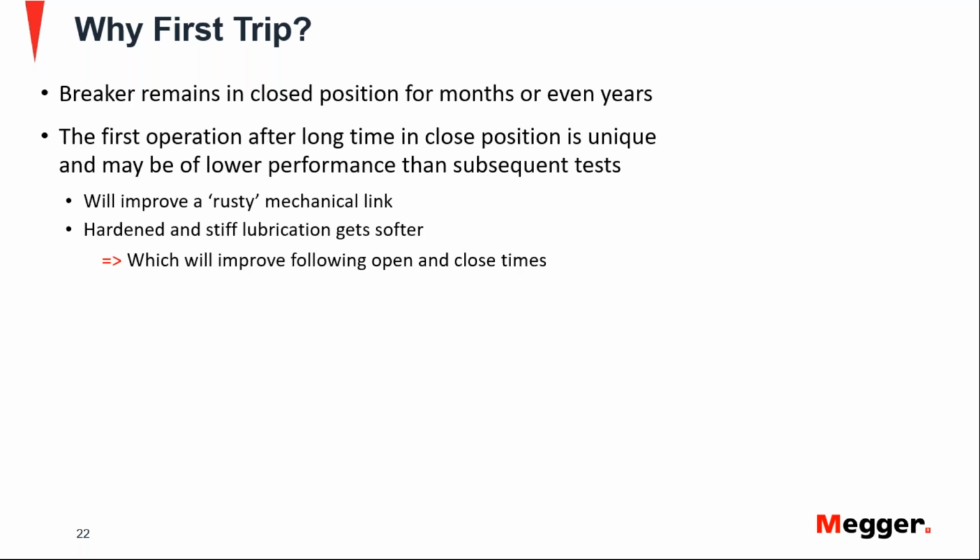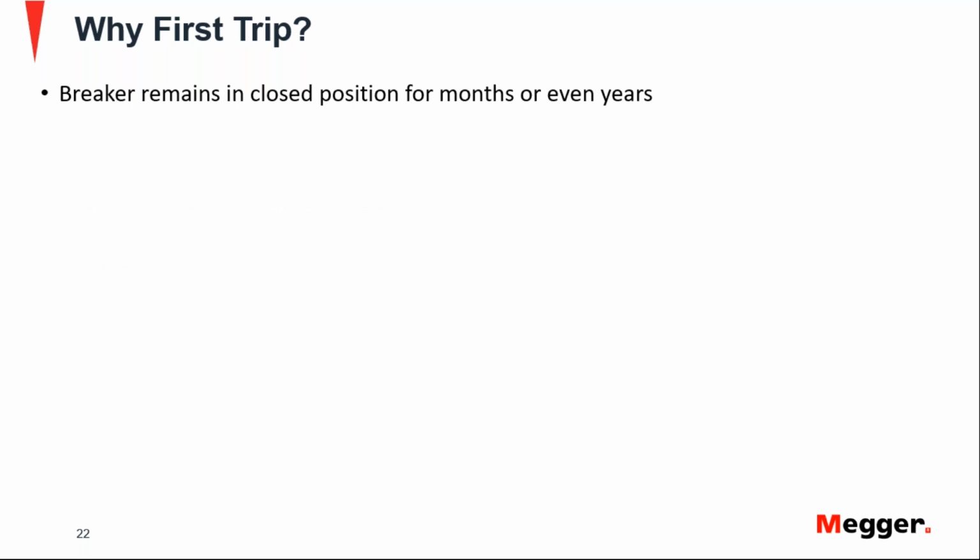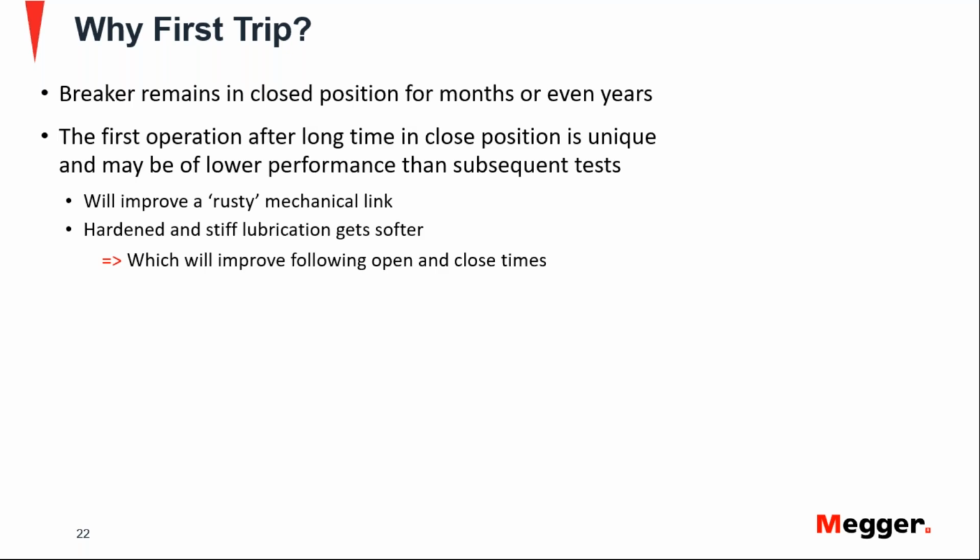And well, this creates a situation in which the breaker might get a little bit rusty. It might be very well lubricated, but it is exposed to very harsh conditions, like constant high temperature or constant low temperature, or temperatures that change drastically from night to day, or it can be exposed to a lot of contamination, so industrial facilities with a lot of dust, or substations in areas that are windy and blow a lot of dust.